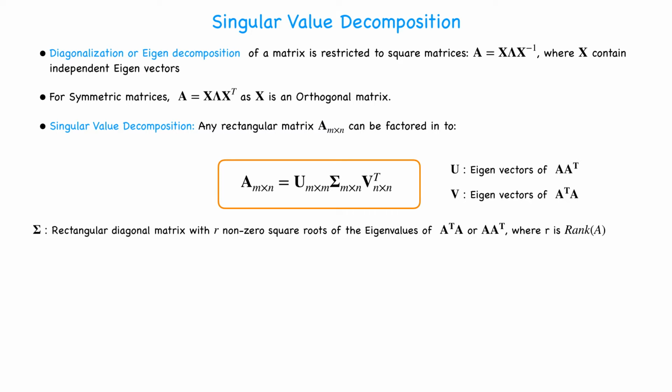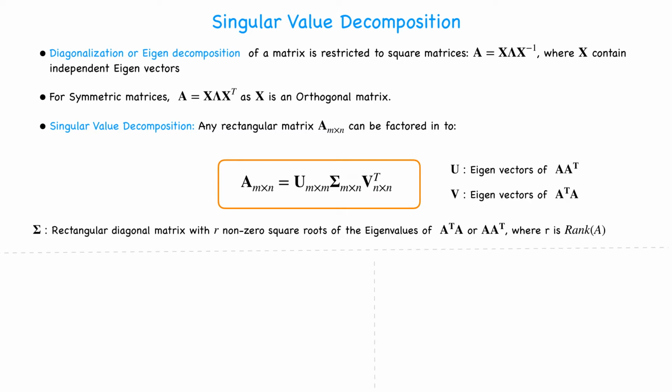Suppose the rank of the matrix A is r, then there are r non-zero eigenvalues of A transpose A or A A transpose which are equal, and we take the square root of those eigenvalues to obtain the singular values in sigma. So sigma contains the non-zero square roots of the eigenvalues of A transpose A or A A transpose.